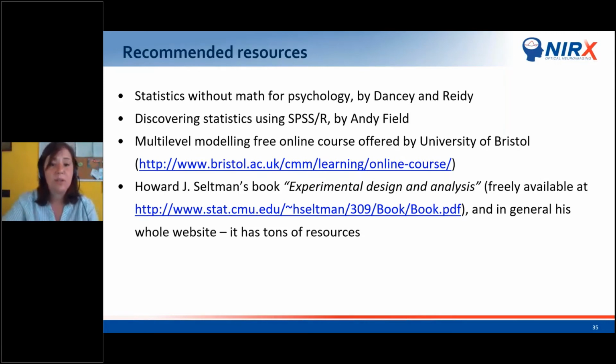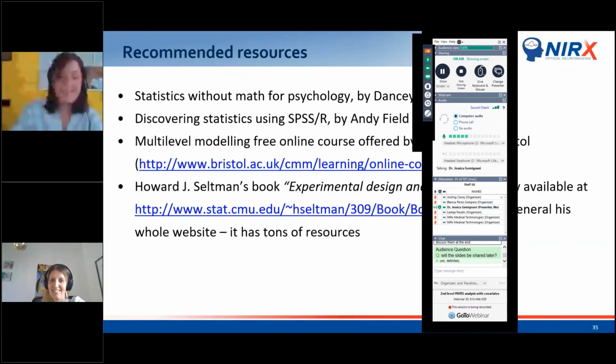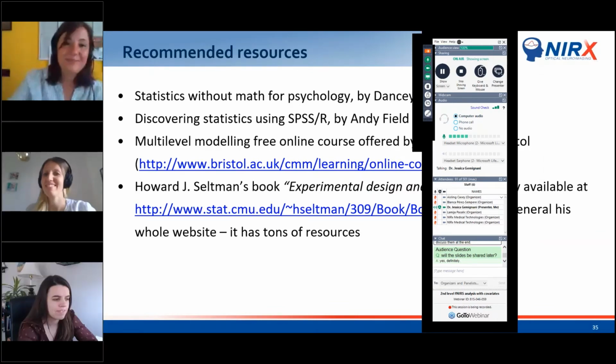There is this book that is freely available at this link. So there are many resources that I really recommend to look at. So this was it, and I wanted to include a slide with questions, but I don't have it. So if you have any questions, I'm happy to.